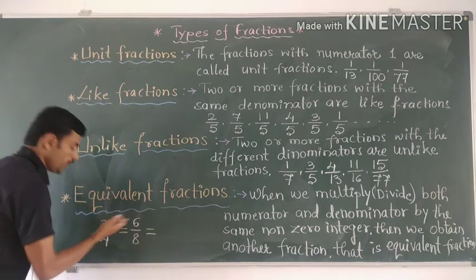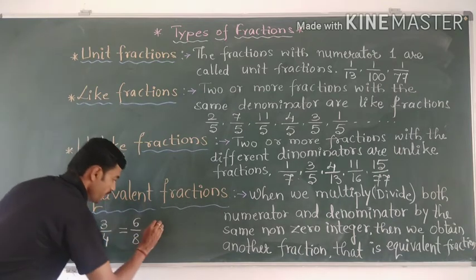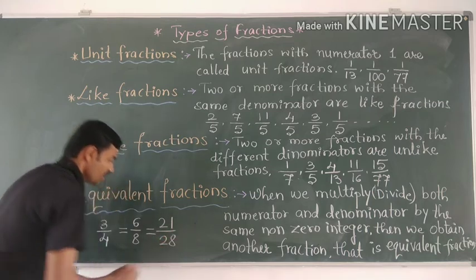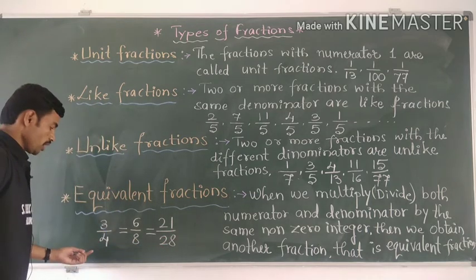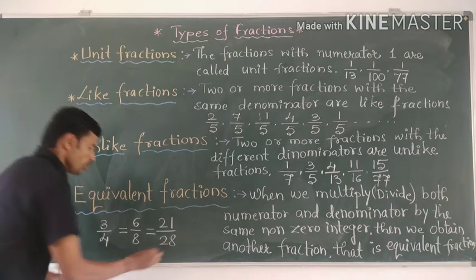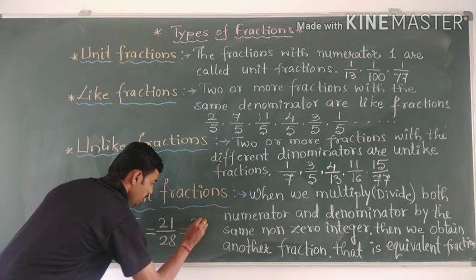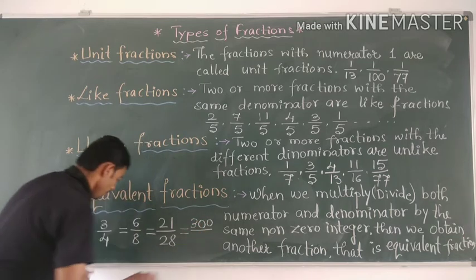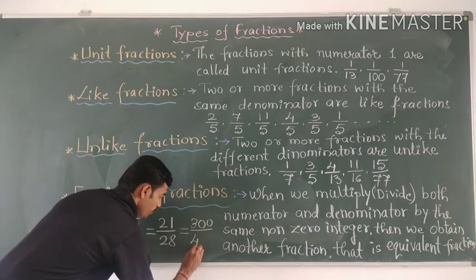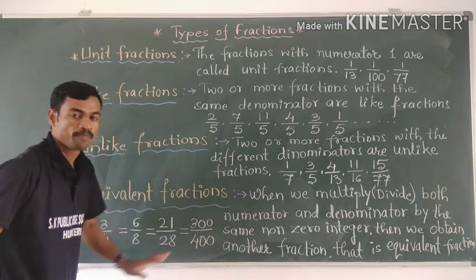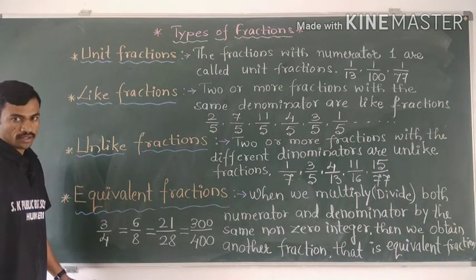Again you can multiply with 7: 3 sevens are 21, 4 sevens are 28. You can multiply with 100: 300 by 400. These all are equivalent fractions.